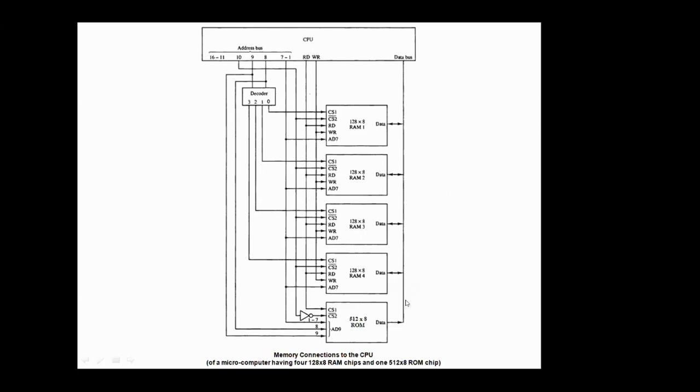So there will be a single common data bus, and the size of this data bus will be 8 bits, which is the same as the length of one word of data in the main memory. Since in each chip it is 8, the width, the size of this data bus will be 8.